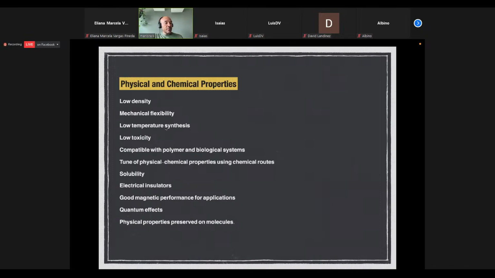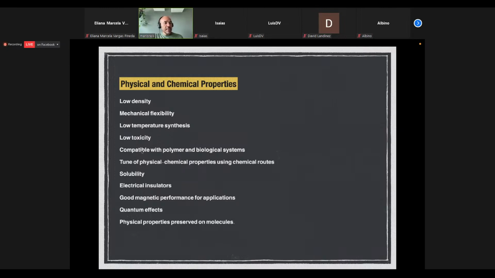Synthesis at low temperature. To prepare, for example, an intermetallic material, we need to produce it in an arc melting furnace at 2000, 3000 degrees of temperature. Here, these materials can be produced at 200, 300 degrees.